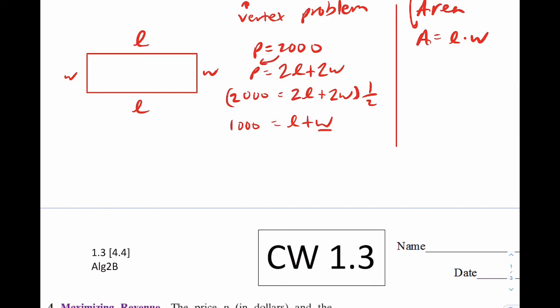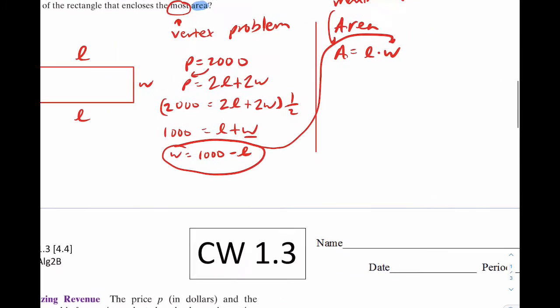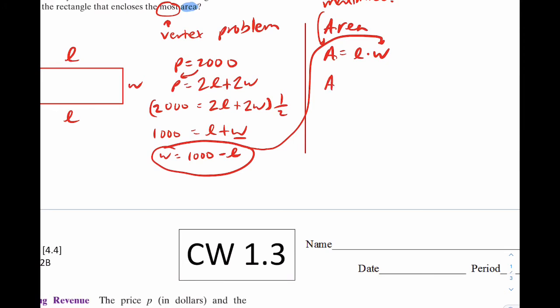I'll just solve for W. So W should equal 1,000 minus L. What I'm going to do is grab this expression and plug it in for my W right there. So now I have A is equal to L times 1,000 minus L. And now let's simplify.